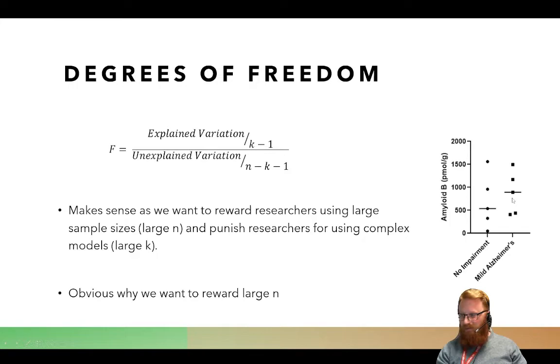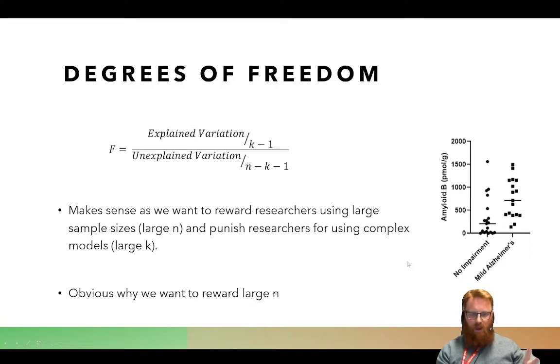Do you think these two are different? This is n equals 6 and 5. It doesn't seem that different to me. Now we've increased the sample size. This is real data, by the way. I'm still not very convinced that there's any difference here, to be honest with you. How about now? Okay, now I am convinced that there is a real difference here.